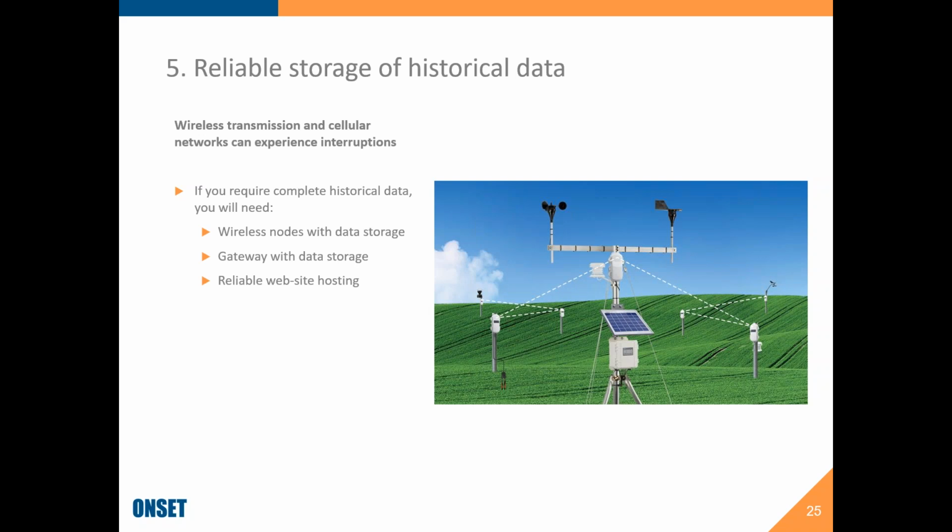We all know that there are times when cellular communications gets interrupted. So you need a station that can tolerate that, and most stations do. They'll have some memory in the central station, and once the cellular network's going again, it can upload the data to the web where you can access it, so you don't miss any data.